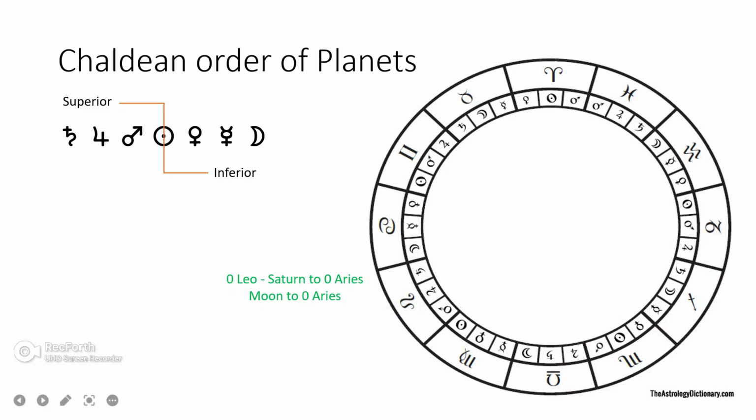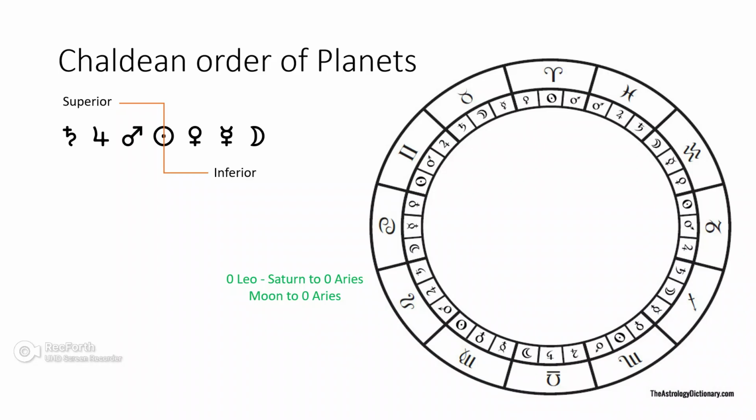The first decan of Libra is the moon. First decan of Scorpio is Mars. First decan of Sagittarius is Mercury. First decan of Capricorn is Jupiter. First decan of Aquarius is Venus. And the first decan of Pisces is Saturn. And that gave us our Sunday, Monday, Tuesday, Wednesday, Thursday, Friday, Saturday.